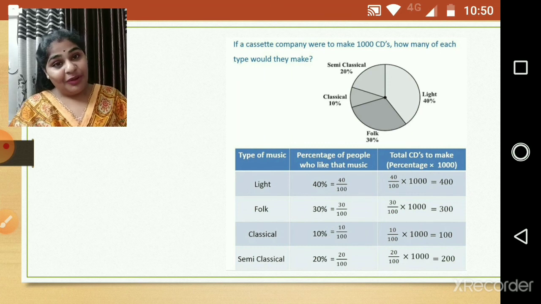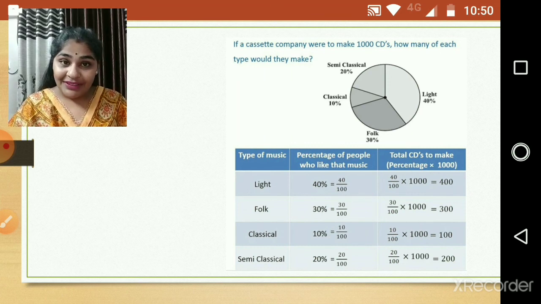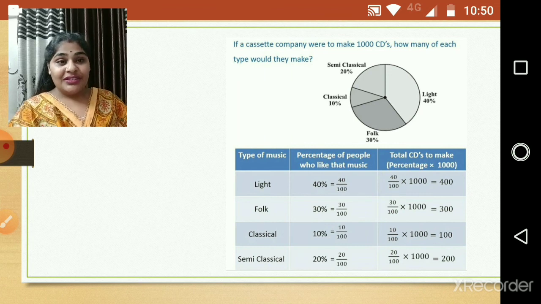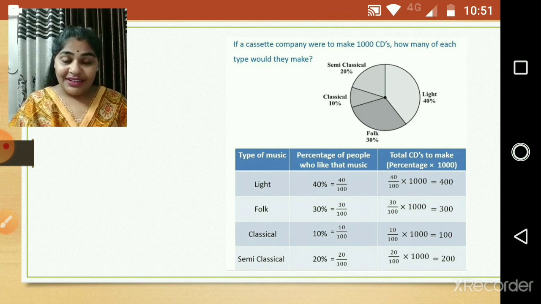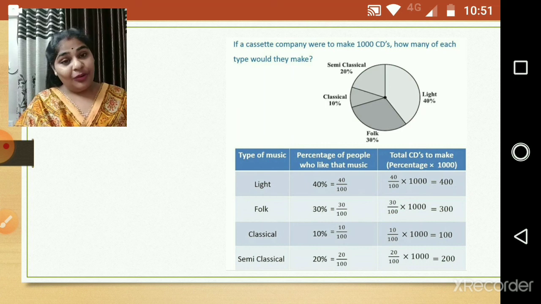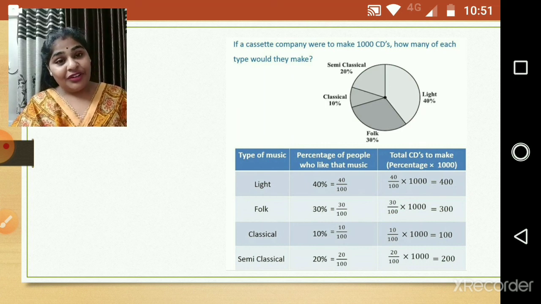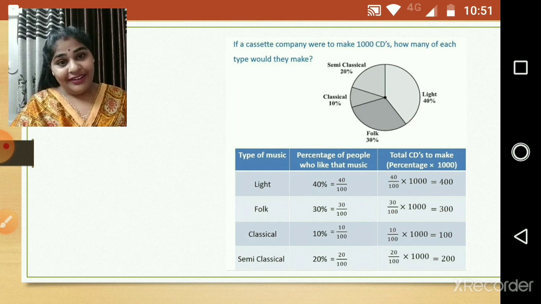So 20 upon 100 multiplied by 1000 will be equal to 200. So this is how the calculation is done. If the total number is already given, it is very easy to find. You just have to find the given percent of that total. Percent you know how to write, divided by 100, and of means multiplied by the total number.